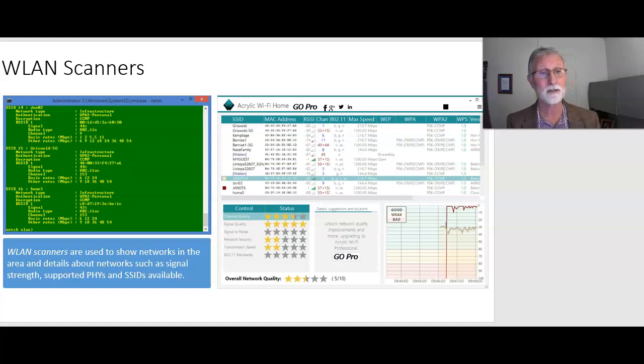command called netsh, or net shell. And it basically shows what it is. The command you're looking at there says netsh wlan show networks mode=bssid, and it then displays all the networks out there and their signals and the rates that are being used.